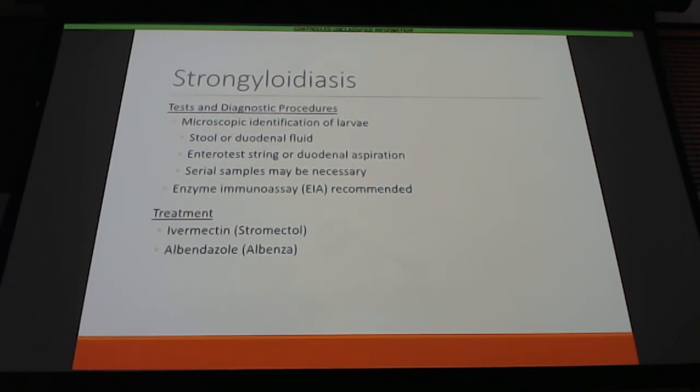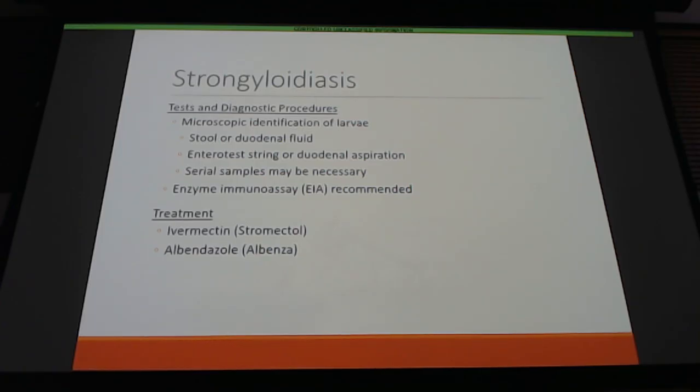Diagnostic procedures: stool O&P, right? If you want to be a high-speed guy, you can go in there and try to do duodenal fluids. Usually doctors will do that because you want to sedate the person when you're doing that. Here you can do the Entero-Test string test.